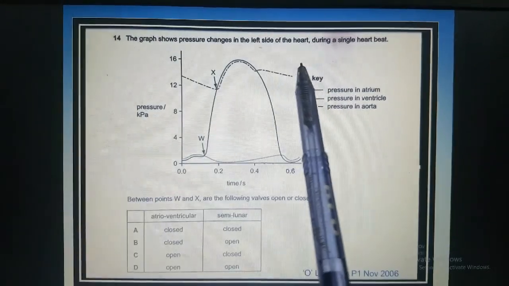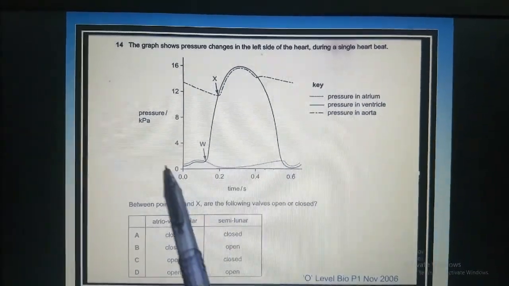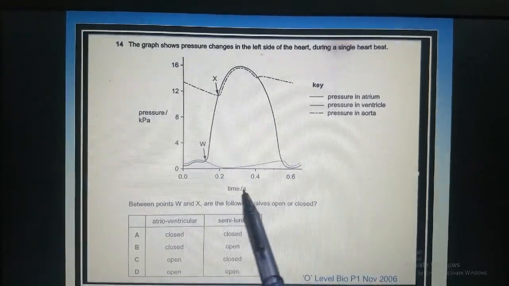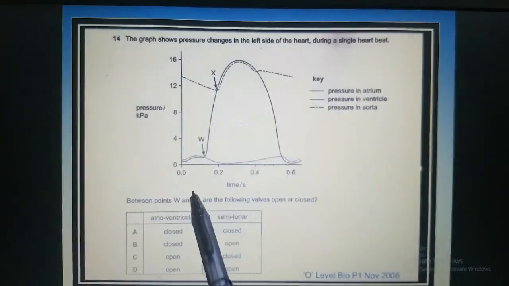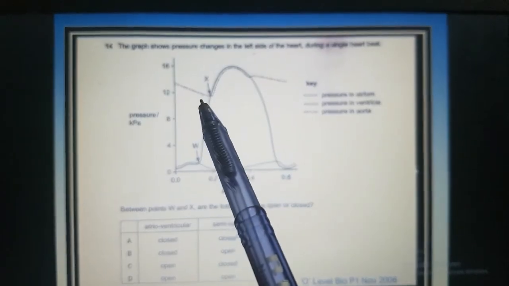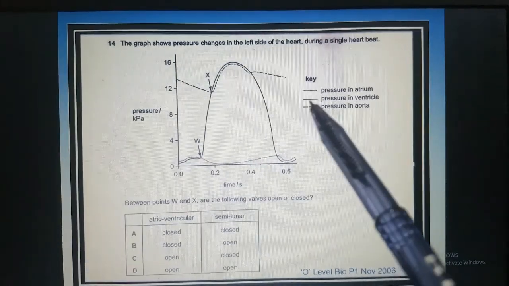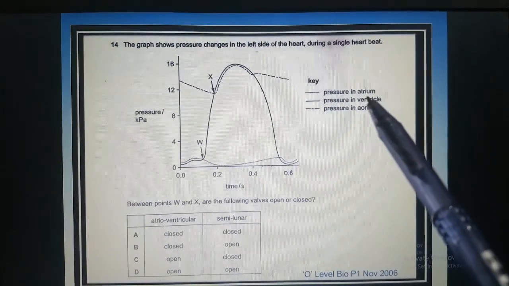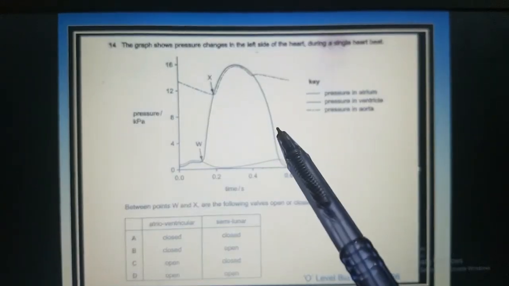Here are the pressure changes in the left side of the heart during a single heartbeat. Again, they are mentioning time in seconds and pressure. Here you may see the dotted line, straight line, and the dots and dashes. So here it is pressure in atrium, this is for ventricle, and this is for aorta.